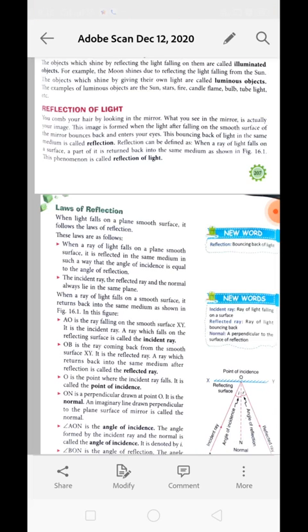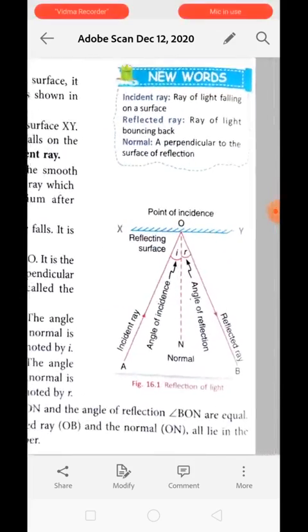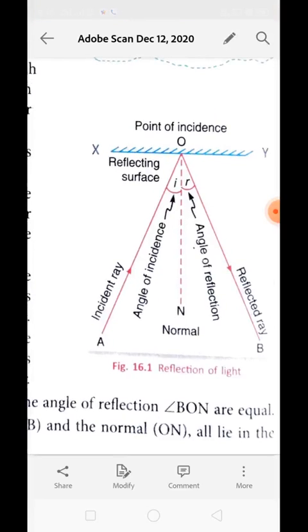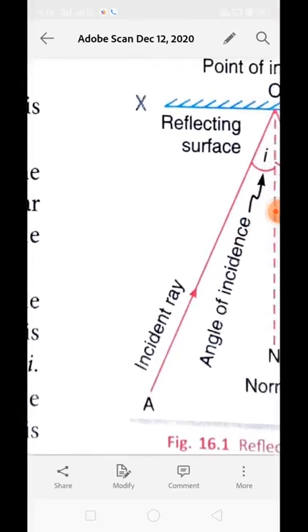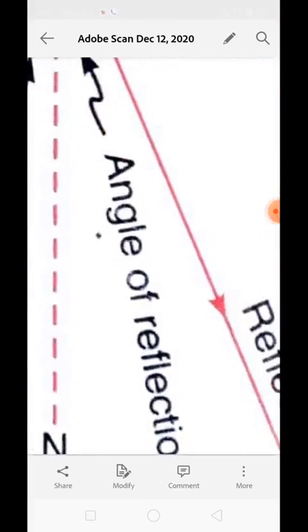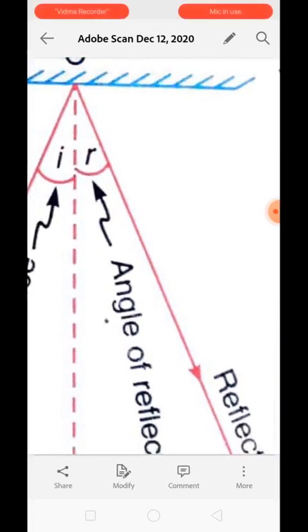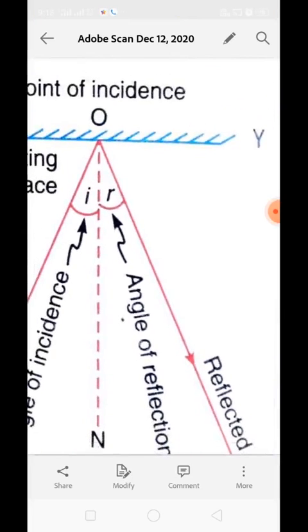You can see over here the ray of light falling on the smooth surface, and then returning back into the same medium. You can see the arrow direction to know the direction of the light ray. This is called reflection of light.